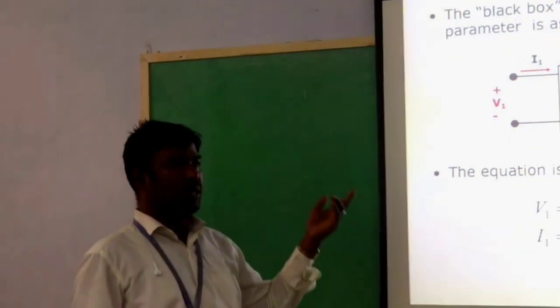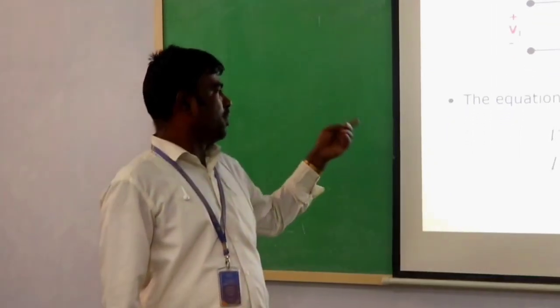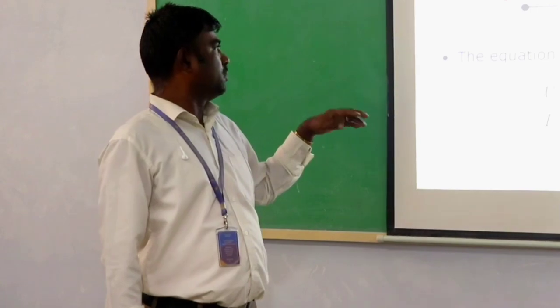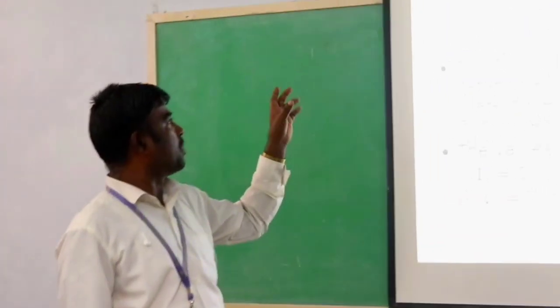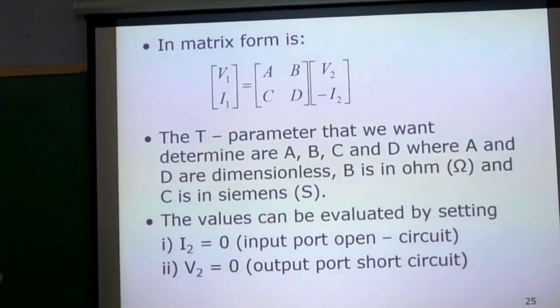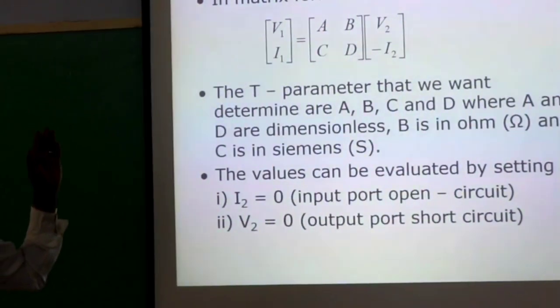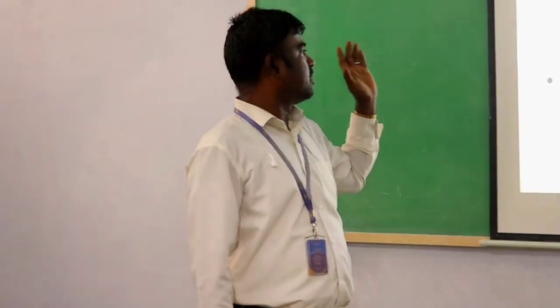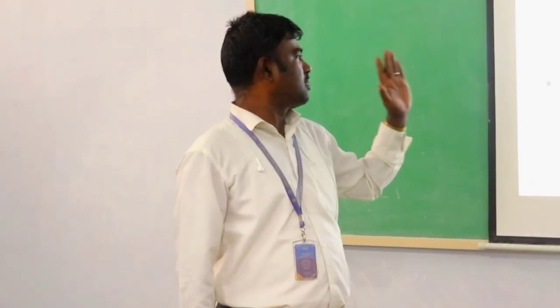Inverse ABCD means we have V1 and I1 in terms of V2. Sorry, I1 and V2. Next, the parameters of ABCD are like this. A and D are dimensionless, B is in ohms, so it represents impedance, and C represents admittance, so the unit of C is Siemens.